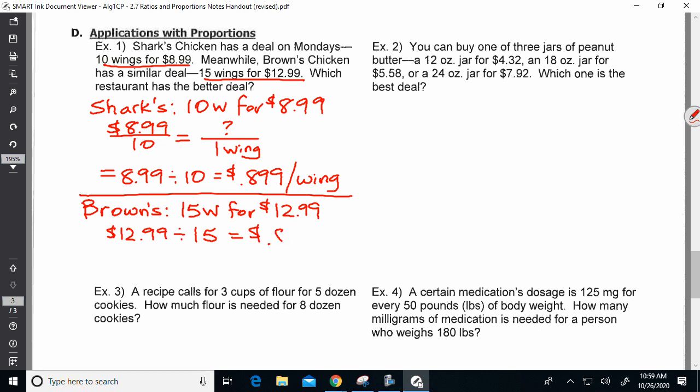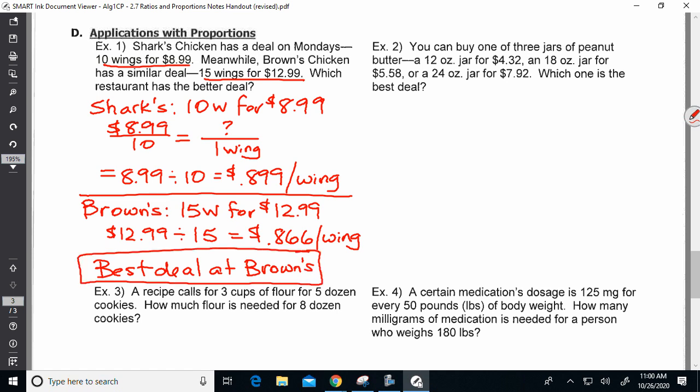That's 0.866 cents. So notice that although I'm paying more money at Brown's, I'm actually getting a better deal. So I'm paying less for a chicken wing. So my best deal is at Brown's. Best deal is at Brown's Chicken.